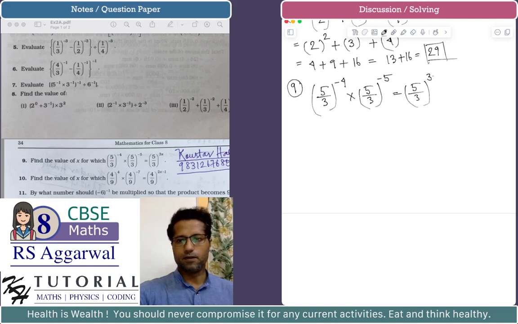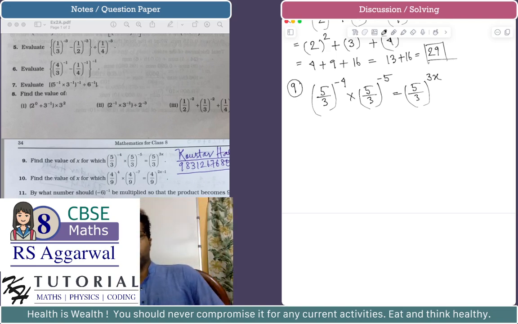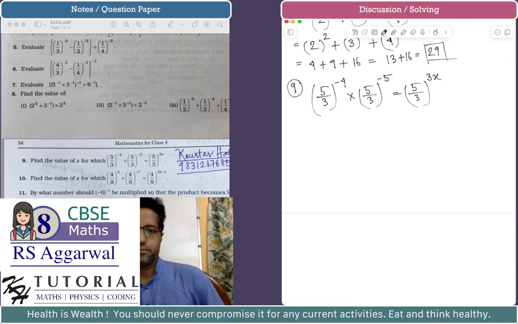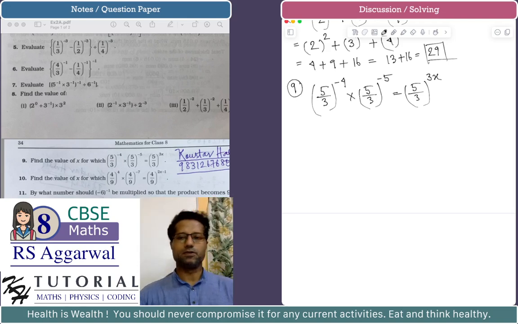We have to find the unknown x. Now in this kind of problem, this is a very typical standard pattern of problem. The concept is that whenever you have this kind of equation given, you convert both the left hand side and the right hand side in the exponential form, so that either the base will be same or you will have the power to be the same.